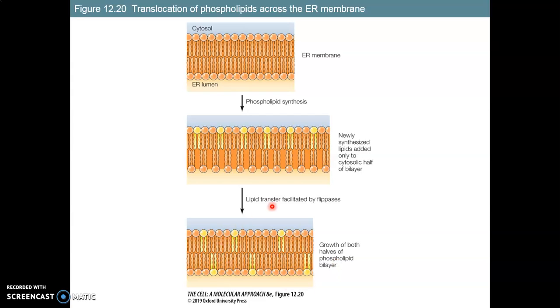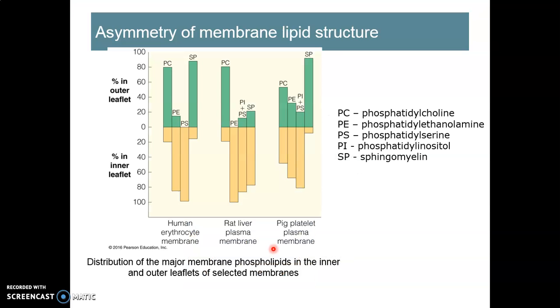Now, not only do these flippases accomplish this, but they also are very selective. And this can lead to having different phospholipids in different parts of the leaflets, right?